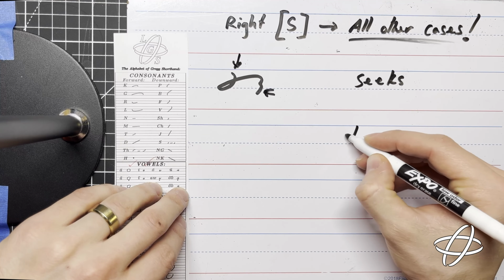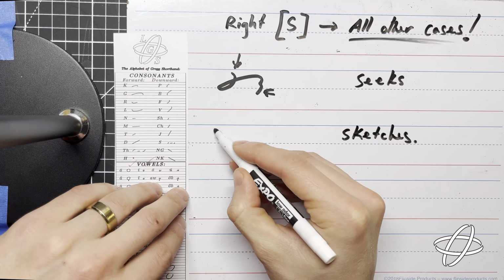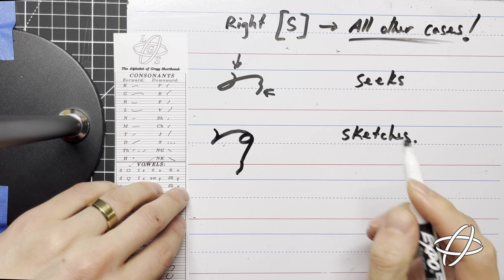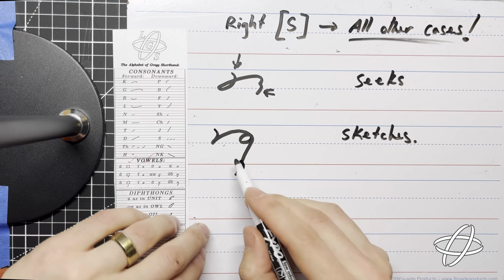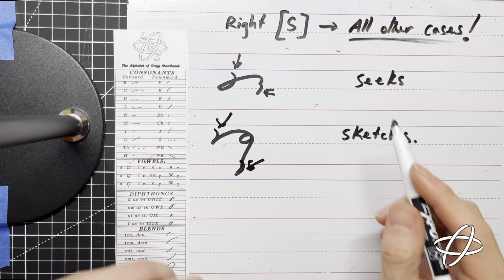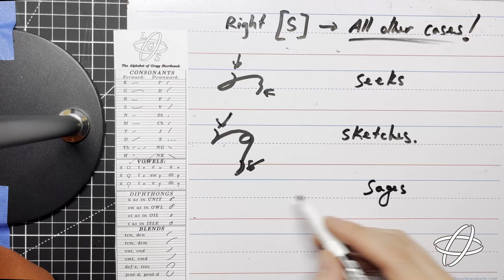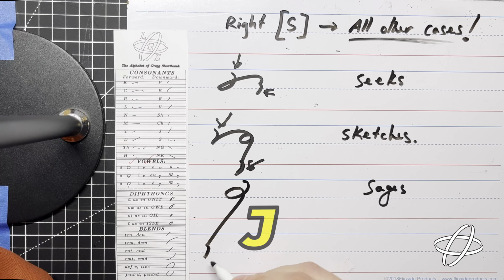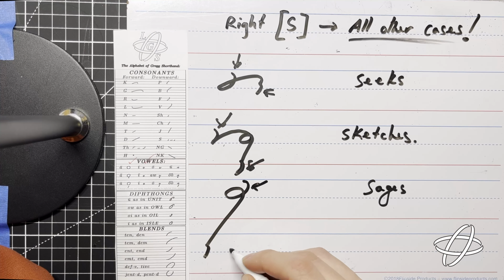Let's do sketches. Sketch is S-K-E-CH, S. Sketches. Okay, sketches. Both right motion S's. Let's do sages. So S-A-G-S. Okay, sages. Well, right motion S there, and a right motion S there.